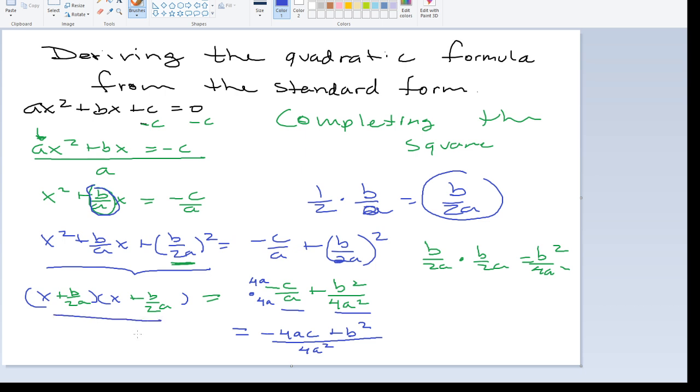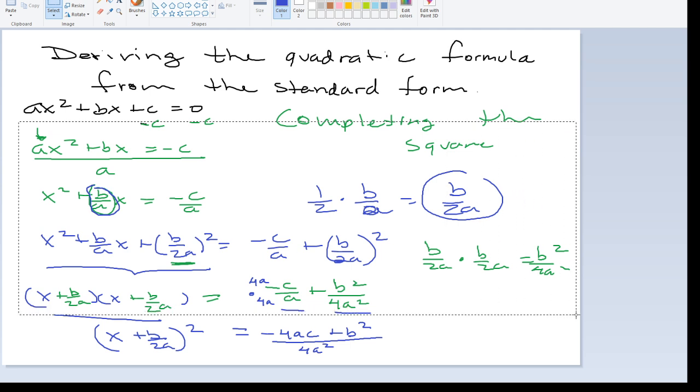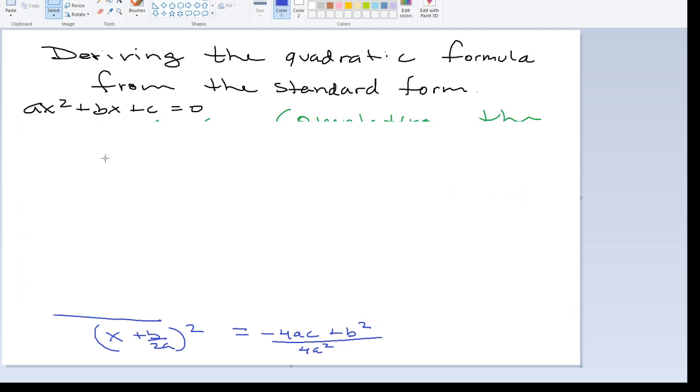This is where we apply the square root property, which is x plus b over 2a, all this squared, since there are two of them. So let's make some room up here. Let's erase this really quick. All right, so let's rewrite this up here really quick.